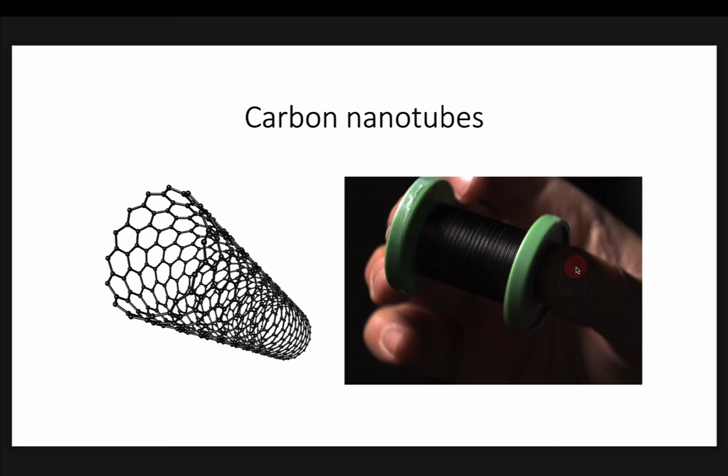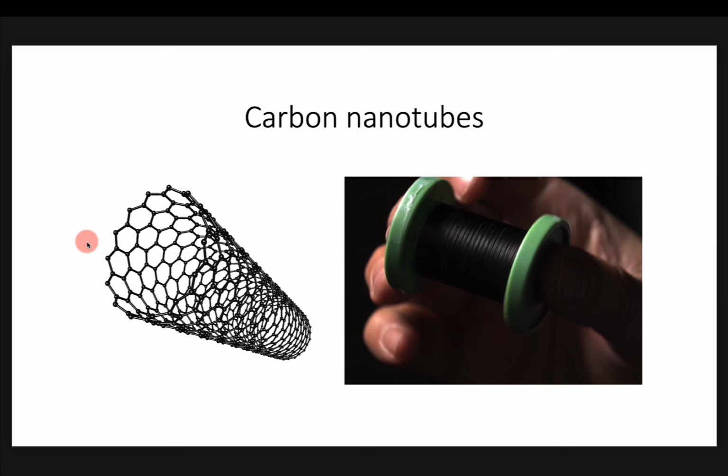There's also an image in this PowerPoint of so-called carbon nanotubes. So carbon nanotubes are also made of sp2 hybridized carbon atoms. And as you can see, they are basically forming a tube-shaped structure. And this is actually quite an exciting development to scientists because these nanotubes, as the name suggests, are very, very small.